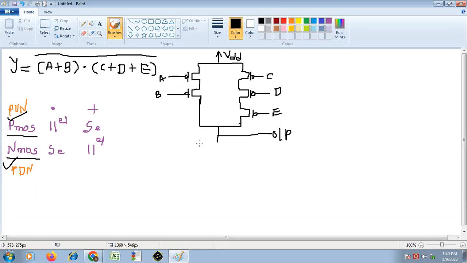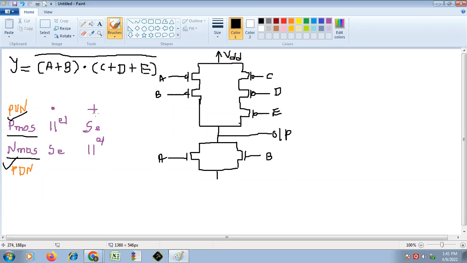So first we will draw this. This is B, this is A, and this dot. So in case of NMOS, this dot has to be in series. That means for the next part, we have to connect in series with this, right?